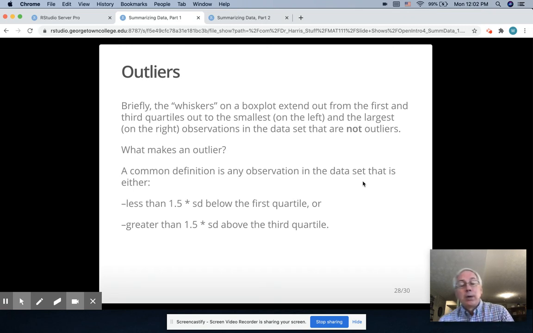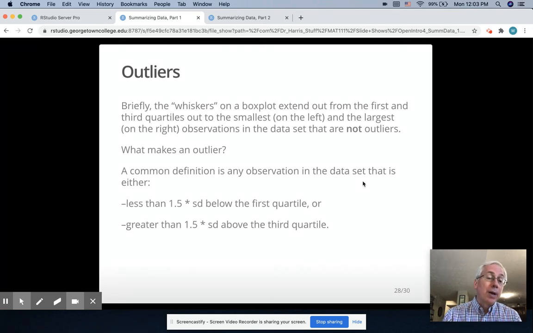And how do we determine what makes an outlier? The definition that's being used here, and it's pretty commonly used, is that an outlier is anything that's more than 1.5 standard deviations below the first quartile, or more than 1.5 standard deviations above the third quartile. We're going to do a computation here in just a minute to see how 50 and 84 get flagged as outliers here.